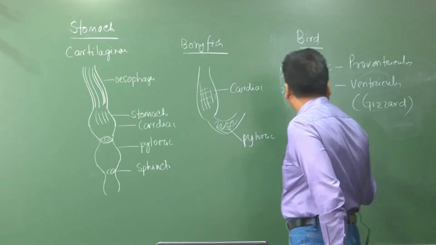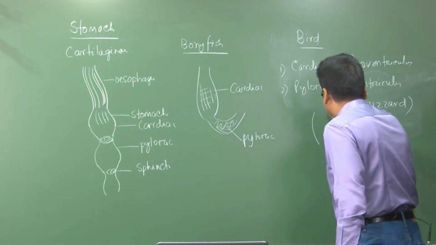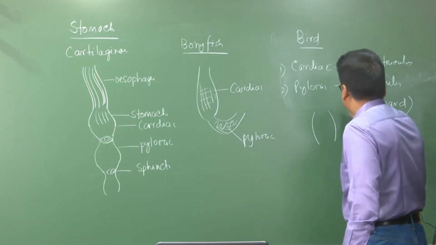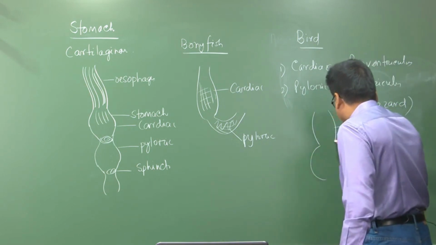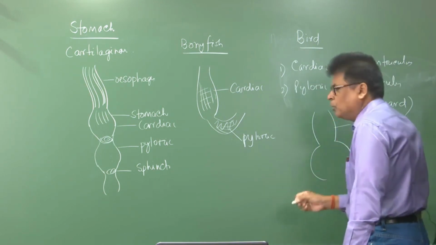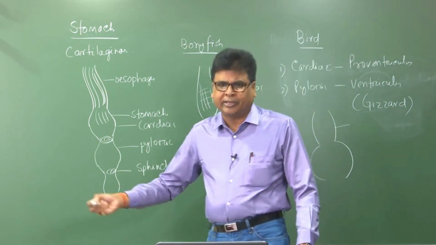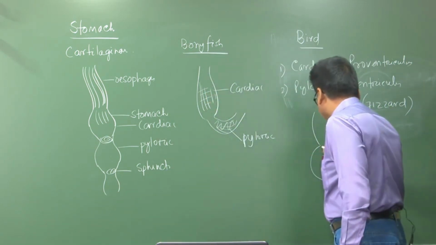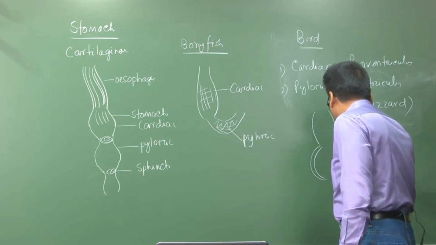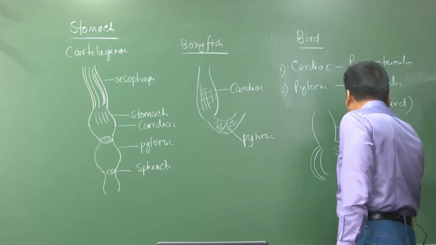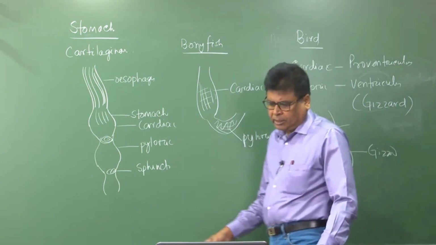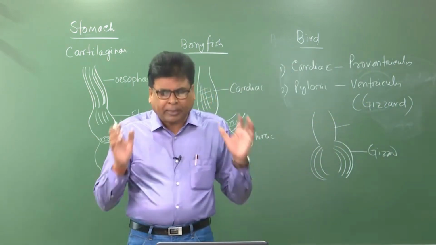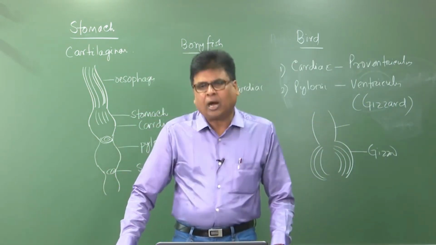For example, you see this is the cardiac part, or the proventriculus, and this part is the gizzard. So in birds which are seed eating, the gizzard has a strong muscular wall. This is the gizzard, and in seed eating birds it is biconvex and a very hard structure.